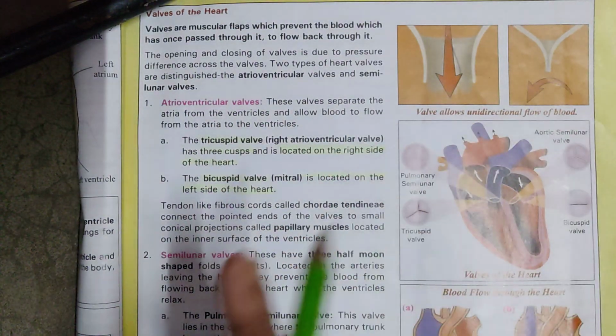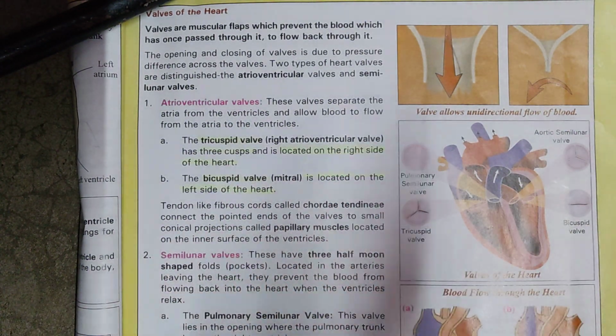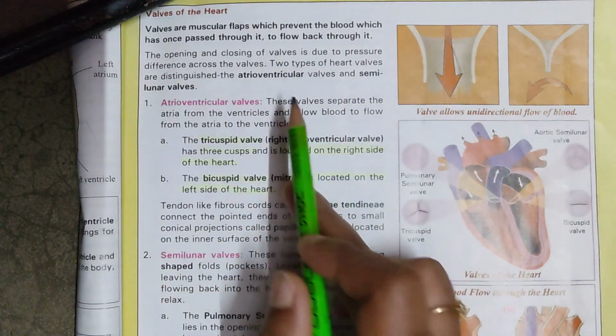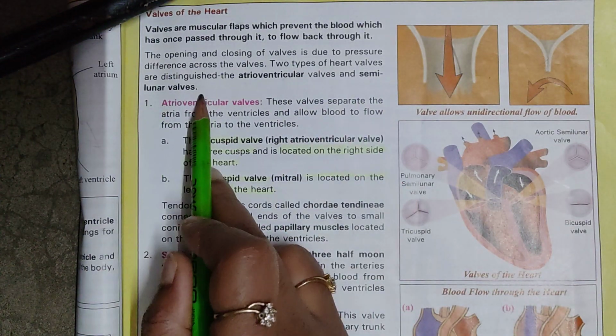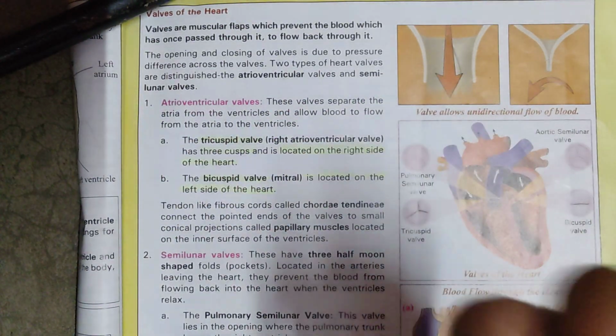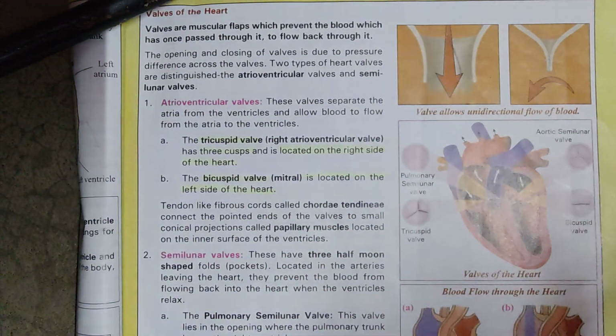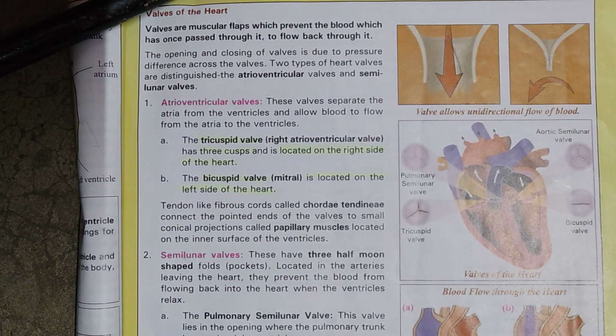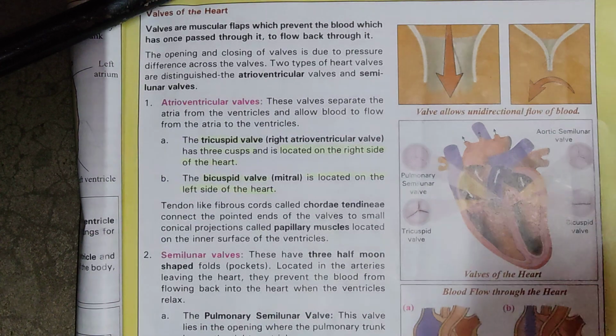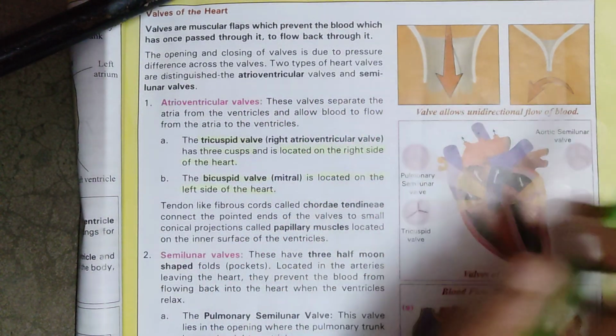One is known as the tricuspid, and the other as the bicuspid or mitral valve. Then we found the semilunar valves in the pulmonary artery and the aorta: the pulmonary semilunar valve and the aortic semilunar valve. So two types of valves are present.